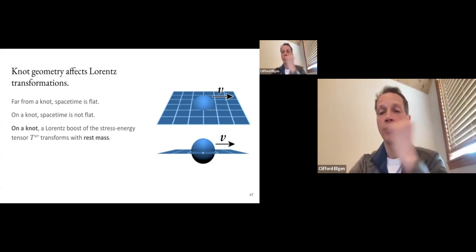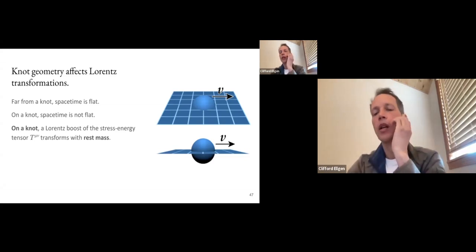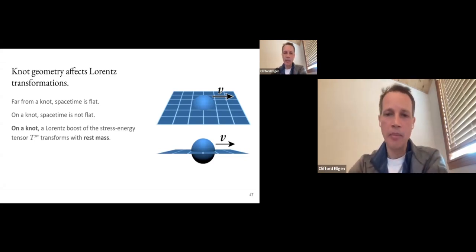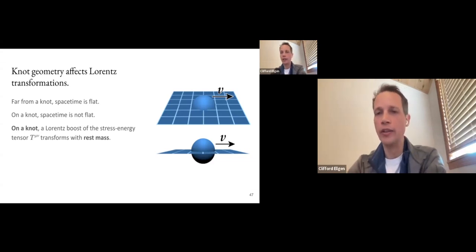If you imagine that this knot is in motion with a velocity v, and we pick some point on this knot, there's a tangent space to the point on the knot. And v may not be in that tangent space. v might be pointing out of the spacetime manifold at that point.